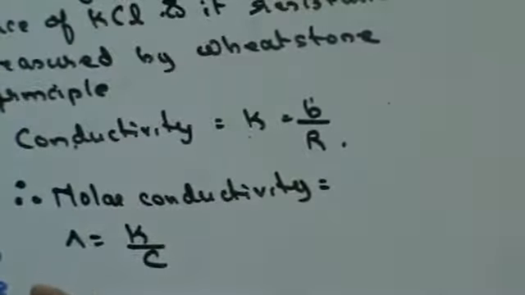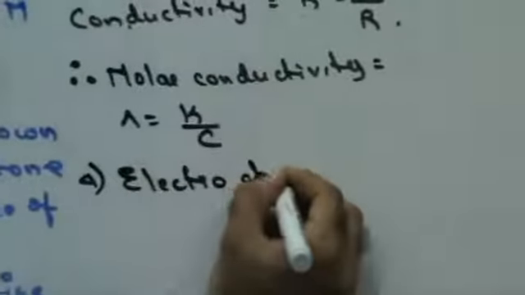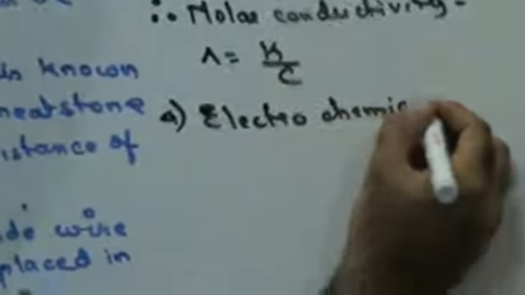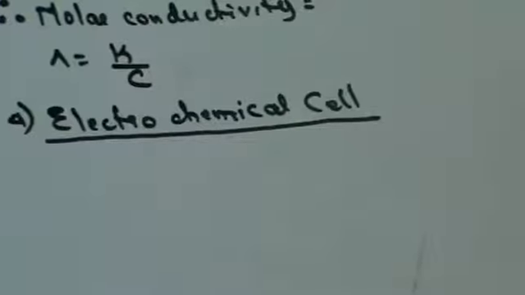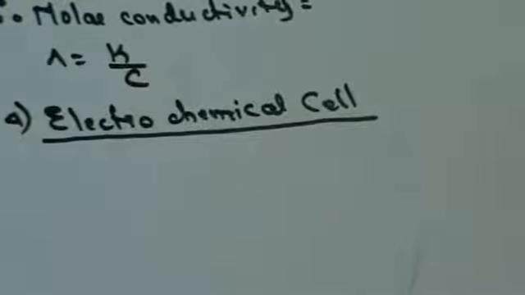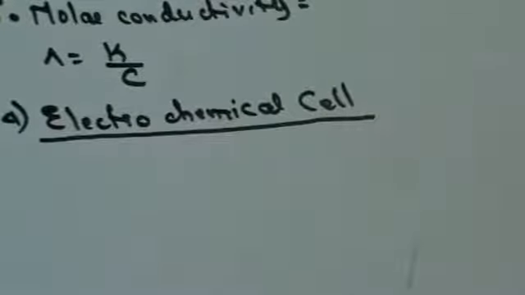Next, what do I understand by an electrochemical cell? A device which is used to study chemical reactions electrically is called an electrochemical cell.